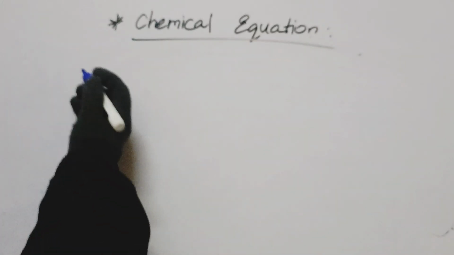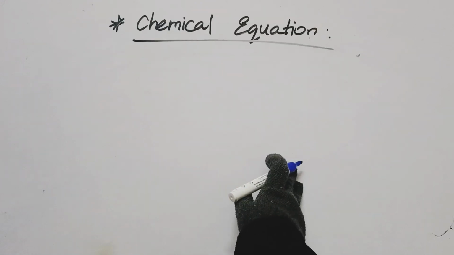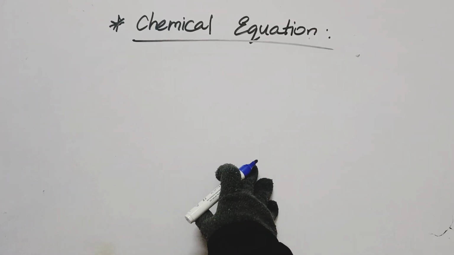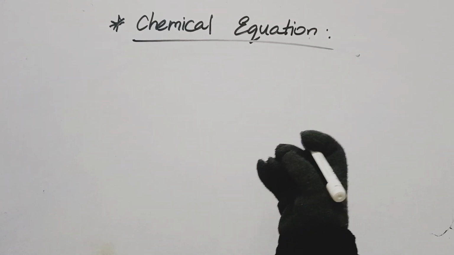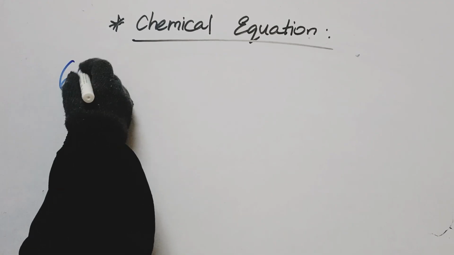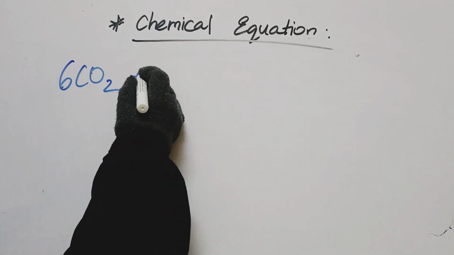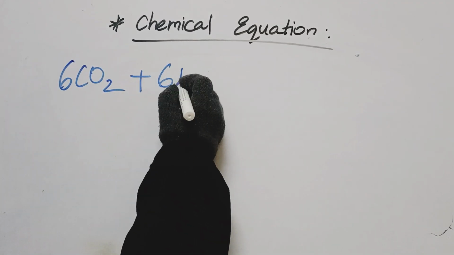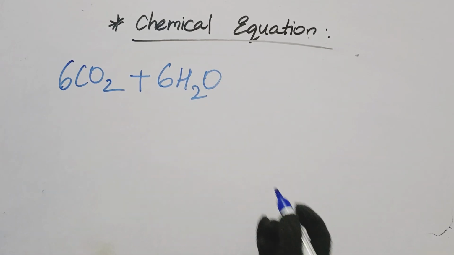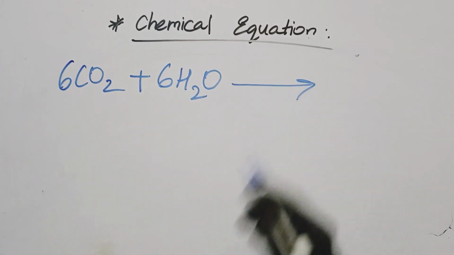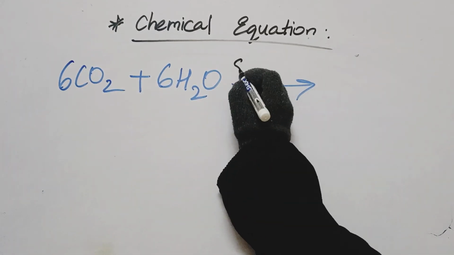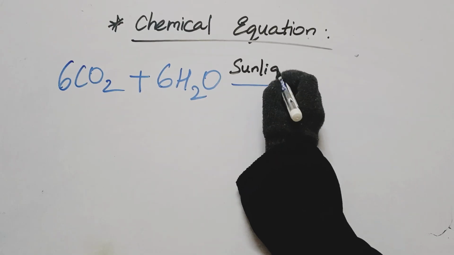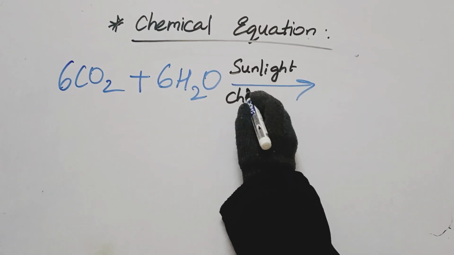What is going to happen? We are going to use the same ingredients, nothing will be different, but we will add the number of each. Like 6 CO2 plus 6 H2O in the presence of sunlight and chlorophyll.